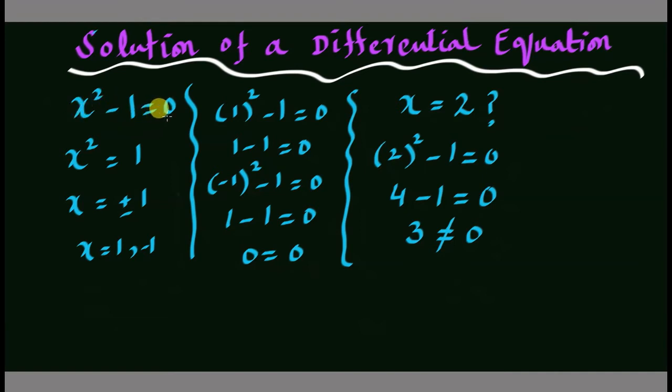So what is the conclusion? x is equal to 1 and minus 1 are the solutions for this particular quadratic equation, but x is equal to 2 is not a solution.